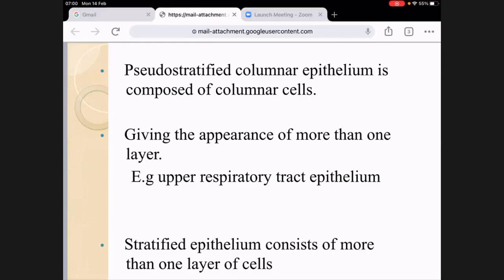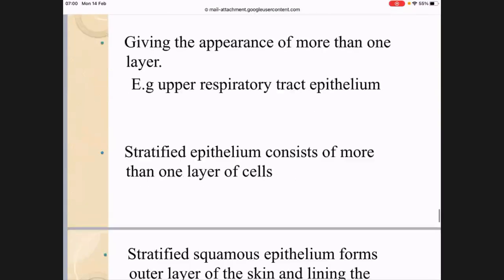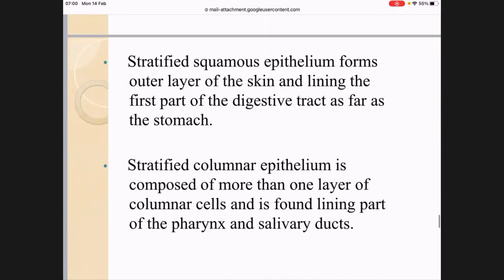Stratified epithelium consists of more than one layer of cells. Stratified squamous epithelium forms the outer layer of the skin and lines the first part of the digestive tract as far as the stomach. So in the digestive system, the type of epithelium in the inner lining is different, because the mouth, esophagus and stomach have a sort of grinding function.